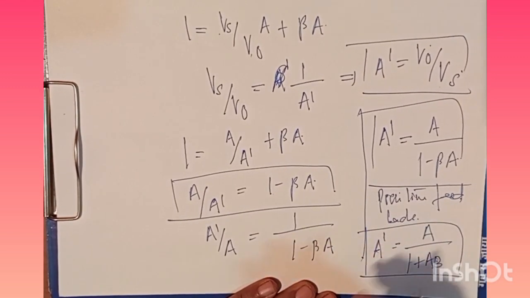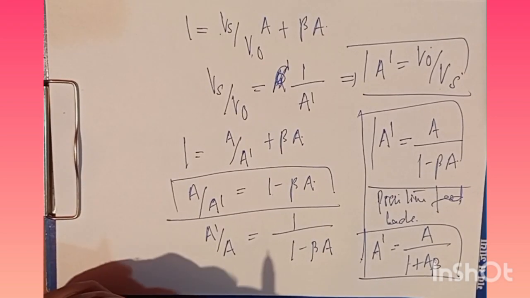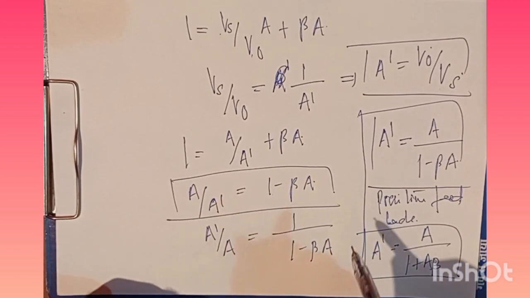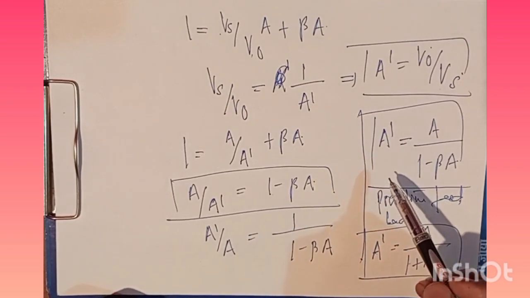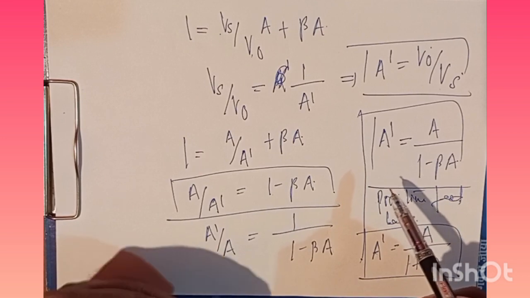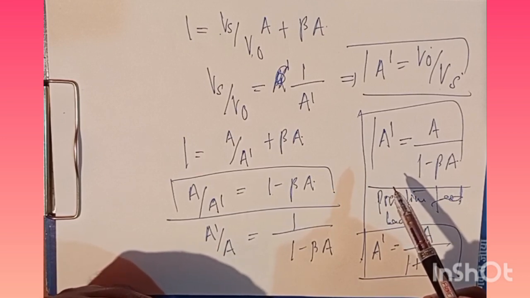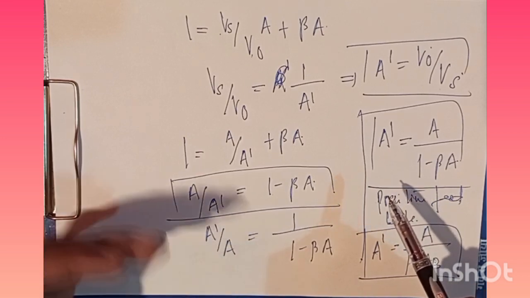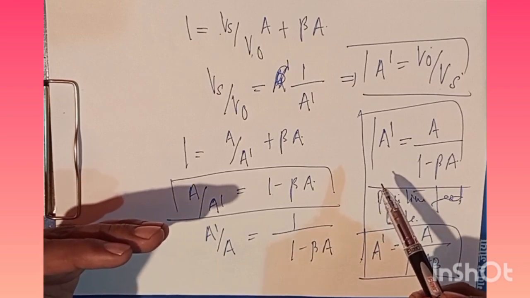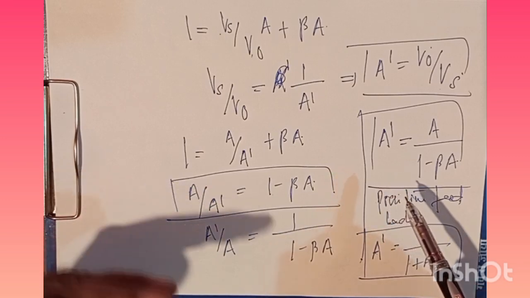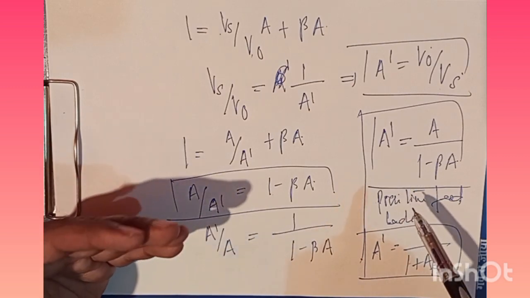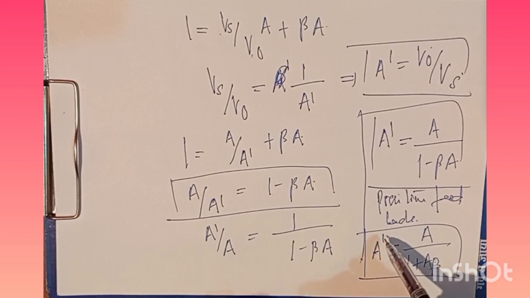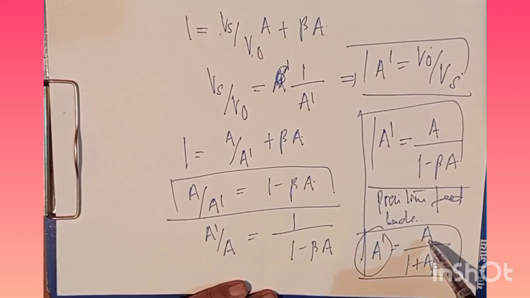So here we have evaluated two equations: the gain of an amplifier when we make use of positive feedback, and when we make use of negative feedback, which I have already explained, in that case the gain comes out to be A by 1 plus A beta.